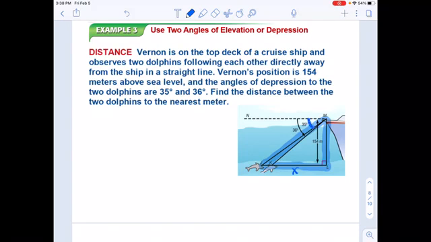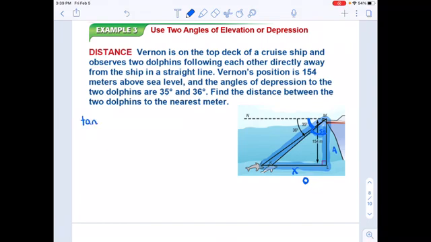So that angle of depression is 35 degrees. I am going to subtract that from 90. I'm going to take 90 minus 35 and get 55 degrees for this guy. Okay, so this is my perspective point, meaning I'm trying to find the opposite and I'm given the adjacent.